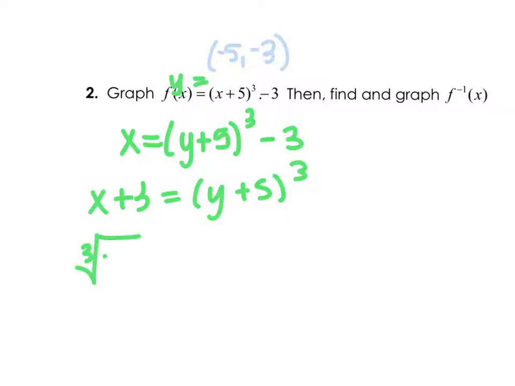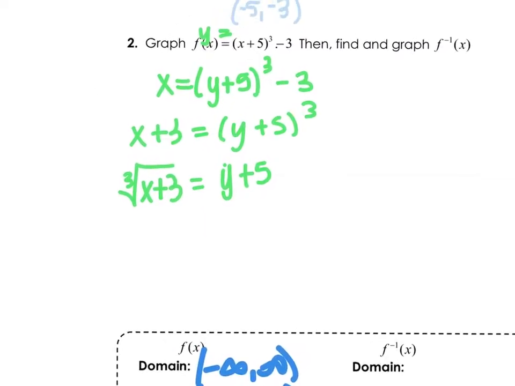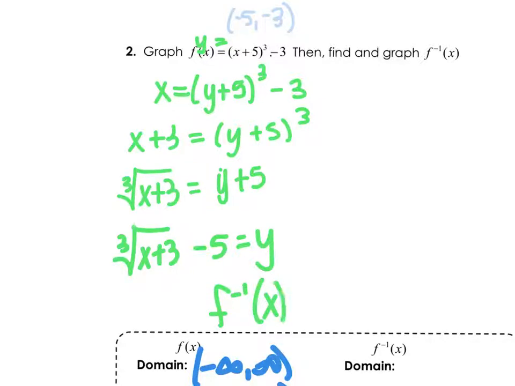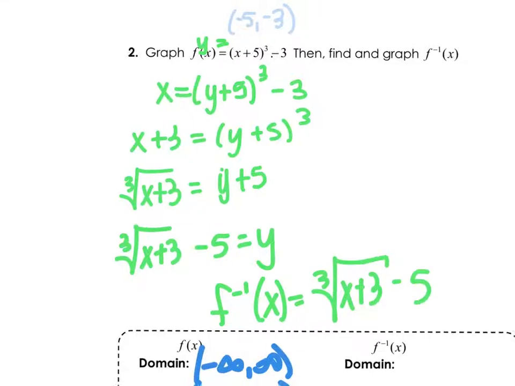When I take the cube root of the left, it looks like that. When I take the cube root of the right, I'm left with y plus 5. Then I'm going to subtract 5 from each side. Cube root of (x plus 3) minus 5 equals y. And we can write that as f inverse of x equals cube root of (x plus 3) minus 5.